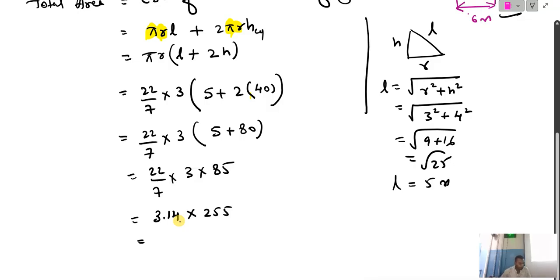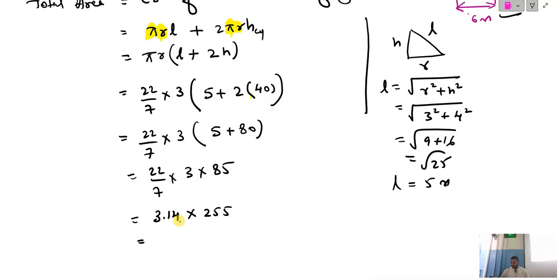Now multiply 3.14 into 255. So what is the value? I'm just using the calculator here because time is limited. I hope you can do this calculation.